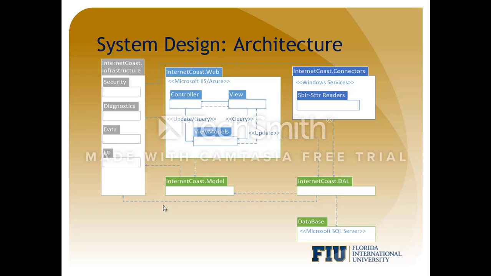We should not confuse this with the traditional model view controller architecture pattern, because in this particular project, what I did was actually extracting the model part from the MVC and put it in a separate project, so we can access it not only from the web application but also from the connectors.